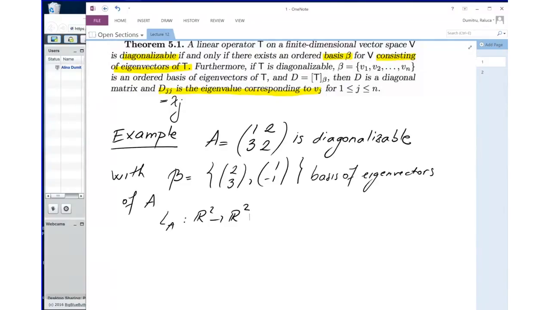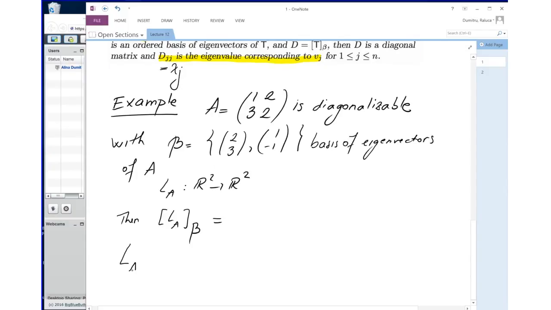So let's see what happens. What would be L sub A in the basis beta? The claim is that this basis will make L sub A in basis beta a diagonal matrix. Okay, so how do I find this matrix? Well, I'm going to apply L sub A to the first vector, (2, 3).